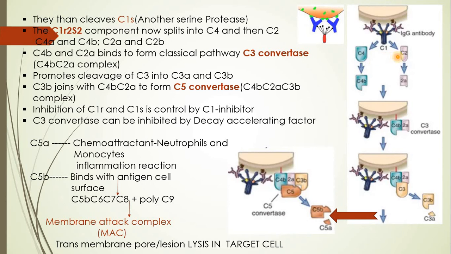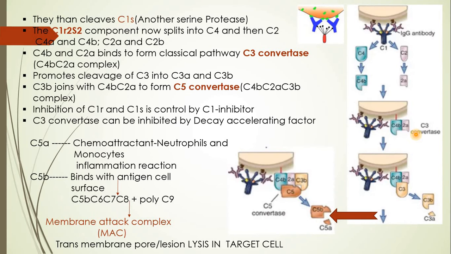In the same manner, when cleavage of C2 is observed, C2 will get cleaved into C2A and C2B. Here, C2B is the smaller component and C2A is the larger component. So both the larger components of the cleaved C4 and C2, that is C4B and C2A, will be retained, and they bind together to give rise to an active enzyme, which is called C3 convertase.